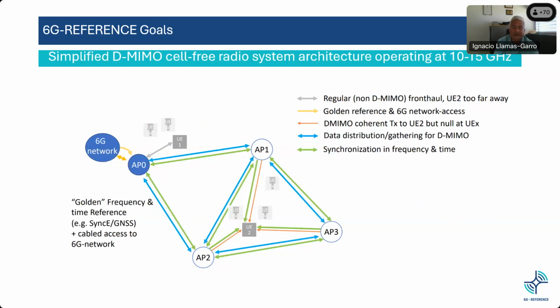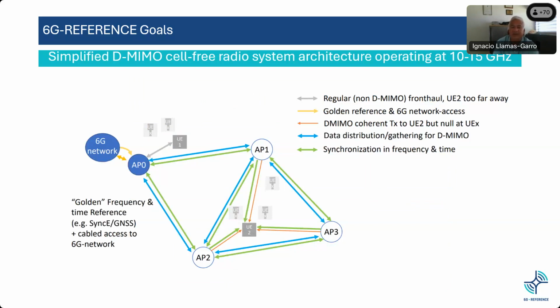The 10 to 15 gigahertz range is targeted since it not only provides new spectrum opportunities, but also efficiently balances the benefits and drawbacks of sub-6 gigahertz and millimeter wave solutions. The figure shows a simplified example of a distributed MIMO system with only one cabled 6G network node providing data and an accurate time and frequency reference.